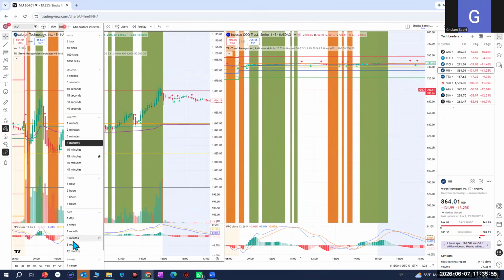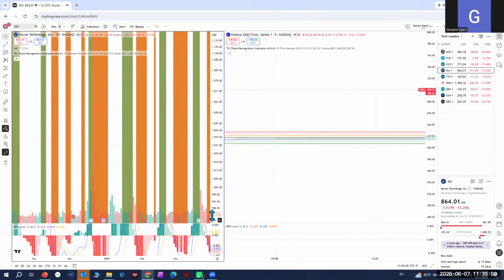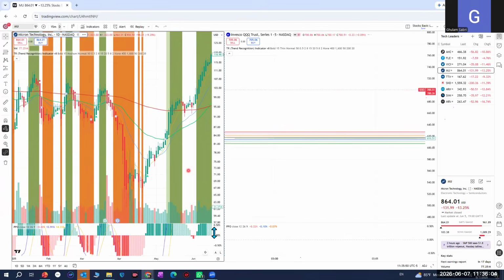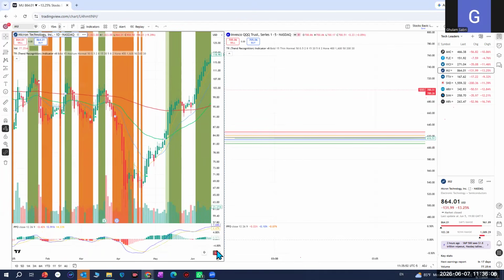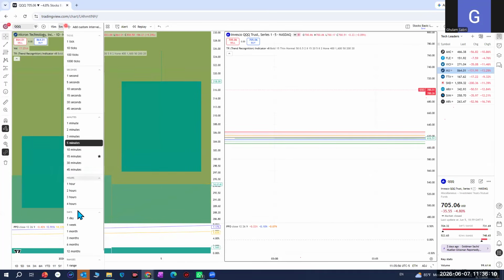Okay, so we move back to our daily chart. This is our daily chart, and again move back to the daily chart for the market as well.